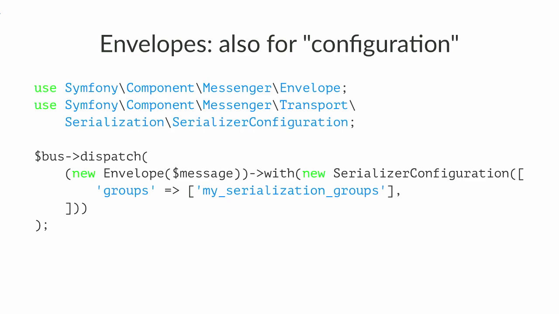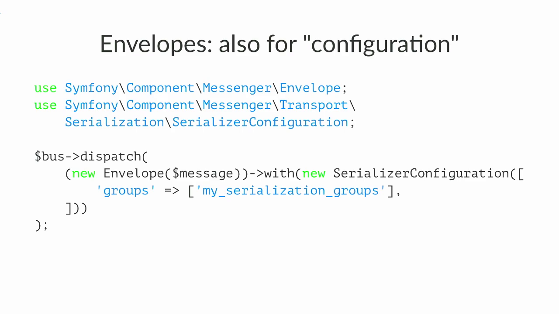Now, you can also use the envelope for a different type of usage. You can use it to transfer information, but you can also use it, for example, to configure the serialization groups that are going to be used when the message is dispatched and sent to the transport.